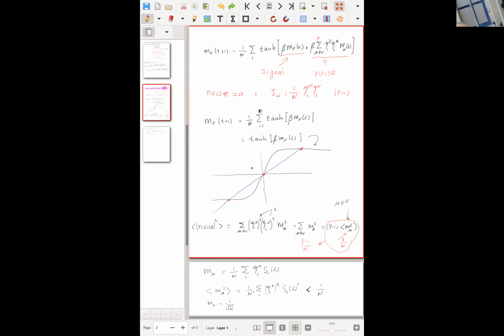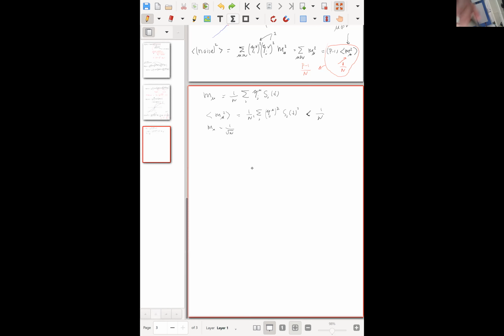So we go down here, and we can write m nu of t plus 1 is equal to 1 over n, the sum on i equals 1 to n.